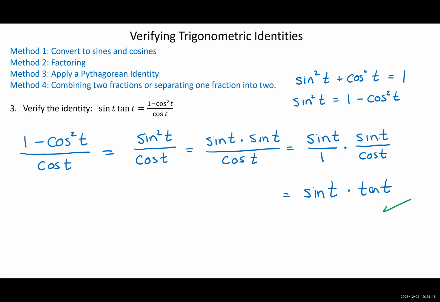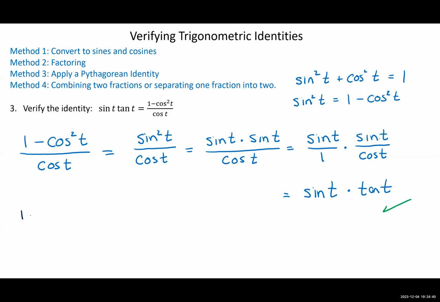Please don't look at this as the solution. This is a solution. One of many. You could have started with the left side and turned it into the right. You could have started off by factoring. So let me use a different color here.